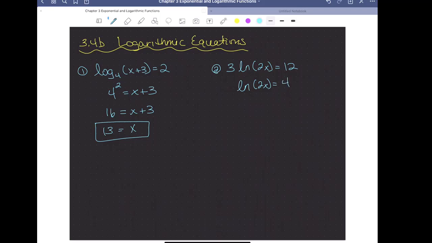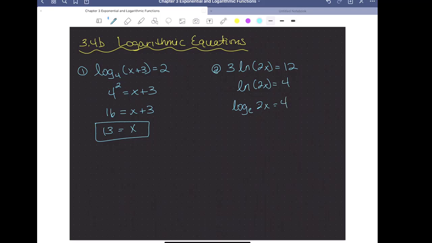Everybody good on that step? Right? Now we want to turn it into an exponential. And we all know what natural log stands for. Natural log stands for log base e, right? So now I have log base e of 2x equals 4.